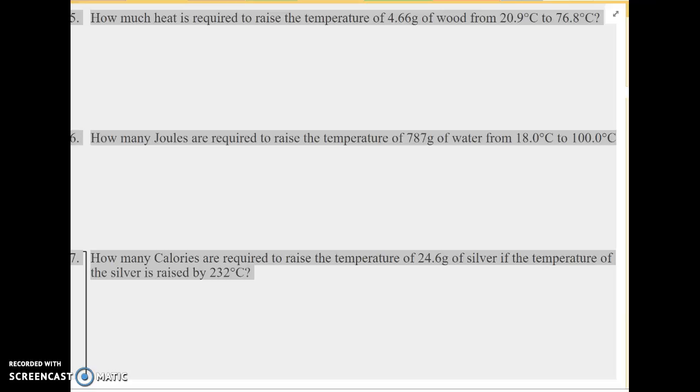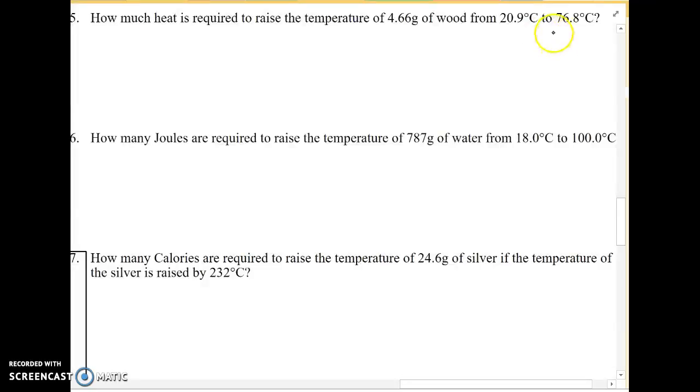The first thing we need to keep straight in our heads is our different variables. We have C, which is specific heat, and Q, which is heat energy. It's important to keep those straight because they're very easy to confuse. Specific heat is in joules per gram degrees Celsius.